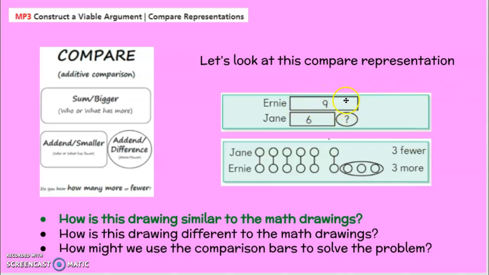So the largest number is at the top. For comparison, it's the total in an add to problem, take from problem, or a put together take apart problem. So the largest number, just like the total, is at the top of Math Mountain, and then the smaller parts. Okay.